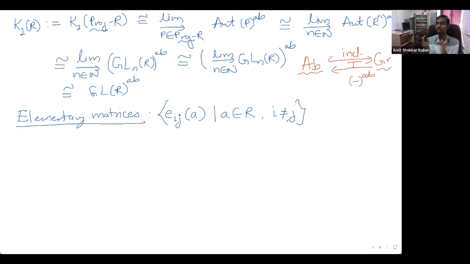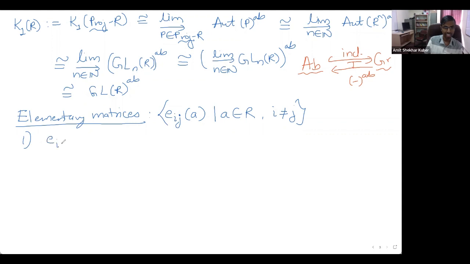Now note something, that I am not specifying the size of this matrix. The size of this matrix could be any n which is bigger than or equal to both i and j. Okay. So these elementary matrices, what do they satisfy? They satisfy some properties. We'll simply list those properties.